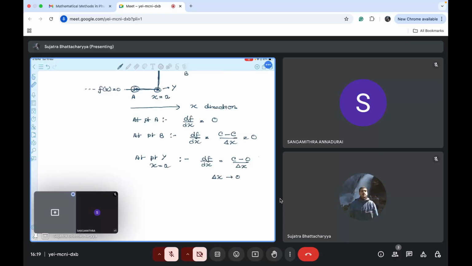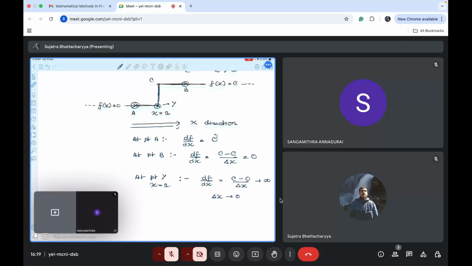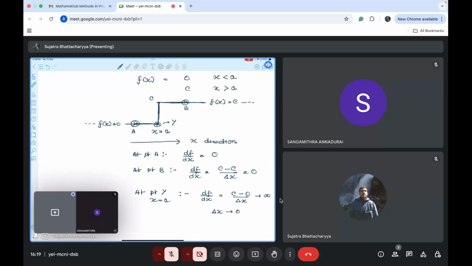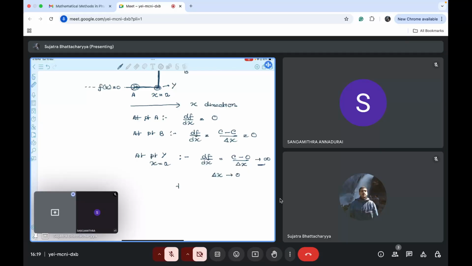When I do this, it tends to infinity. If I squeeze the delta x limit and there is a finite value over here, then this tends to infinity. And this is what we call the Dirac delta function. So df/dx will be a Dirac delta function with the discontinuity as the strength. This is the strength of the Dirac delta.